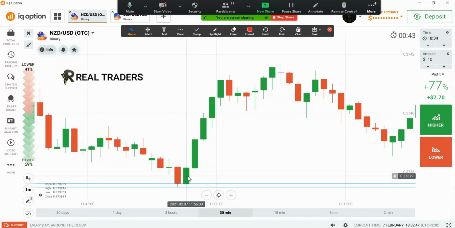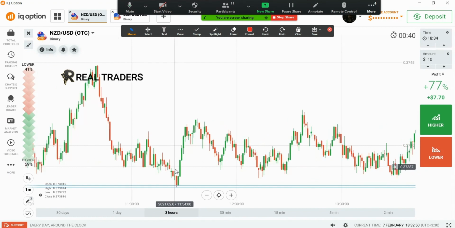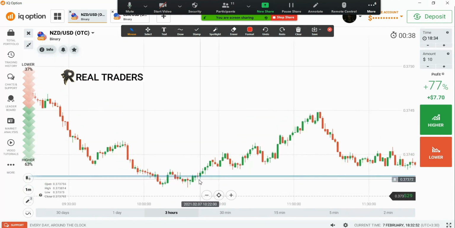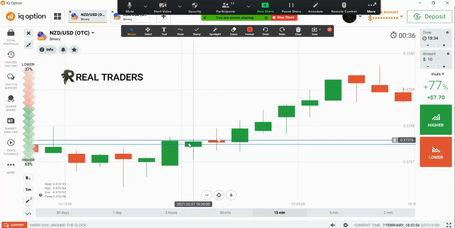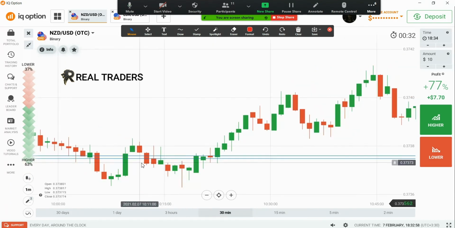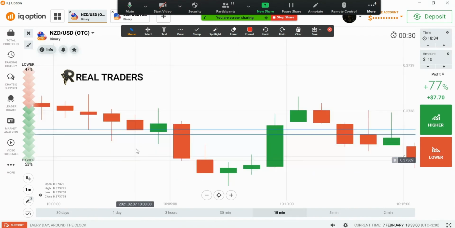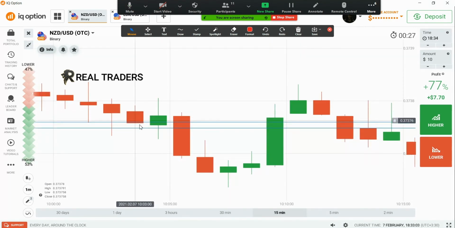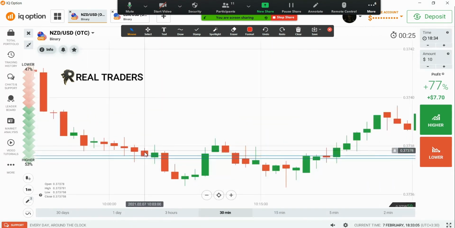What we need to do, we need to check this level in the past. So let's check. Okay, here you can see the market closes at this level. You can see a reversal. Okay, here it closes at this level, we are seeing a reversal.